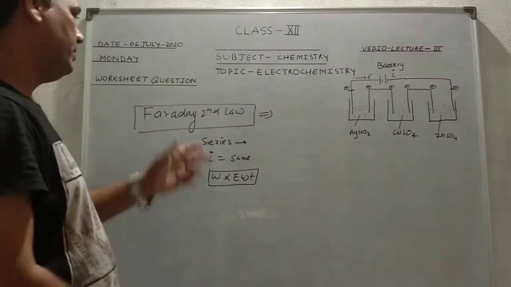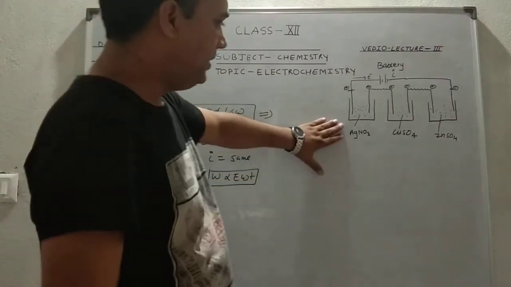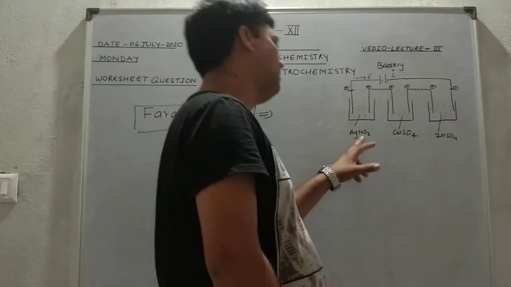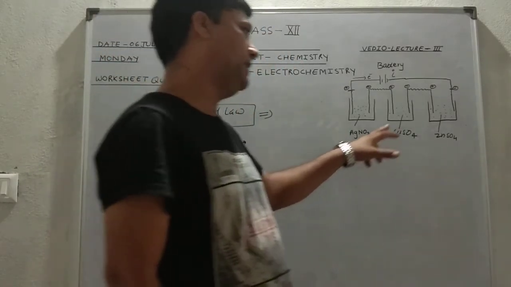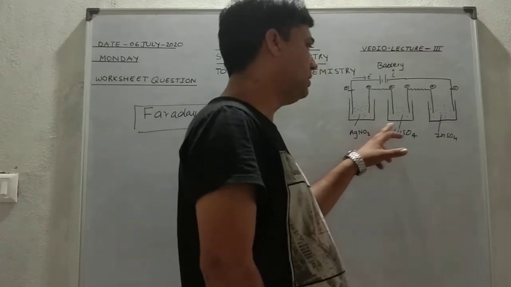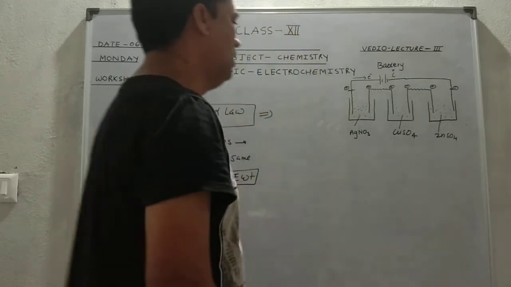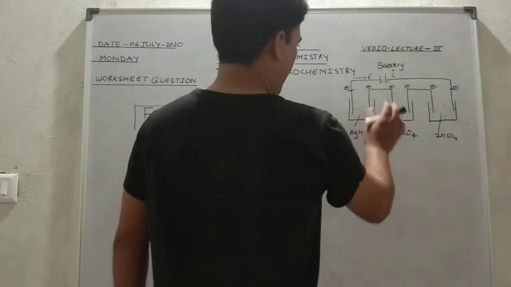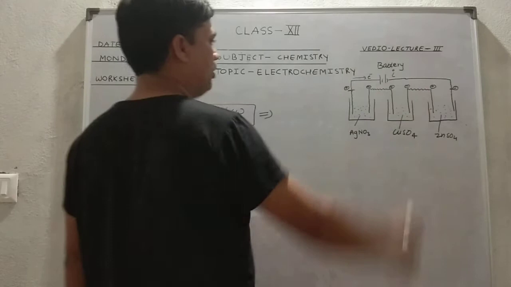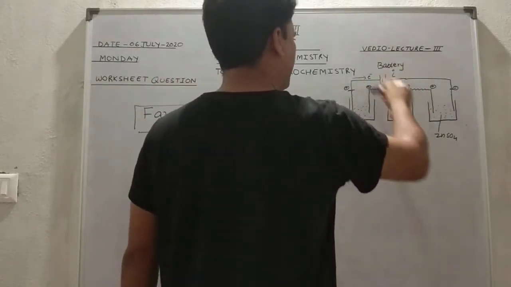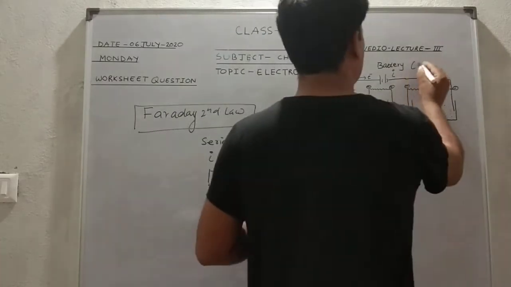I am going to repeat once again. Here, three electrolytic chambers. The first chamber contains silver nitrate solution, the second contains copper sulfate solution, the third contains zinc sulfate solution. This is a series combination because the current is the same and both electrodes are connected to the battery, that is, the DC source.